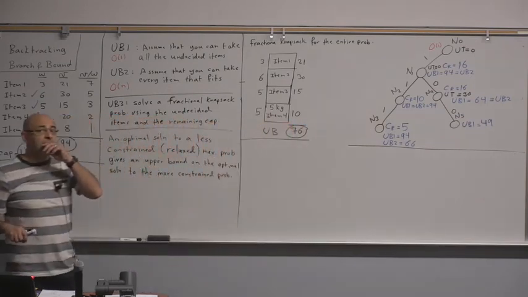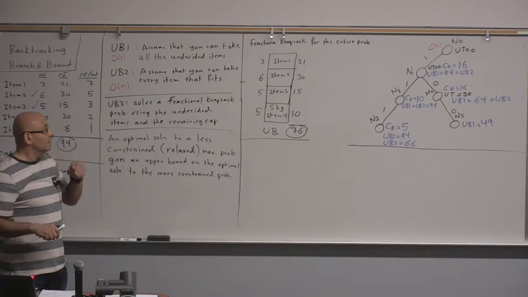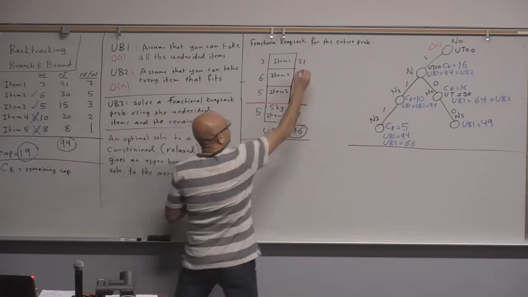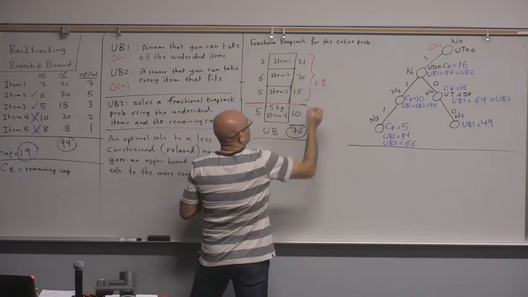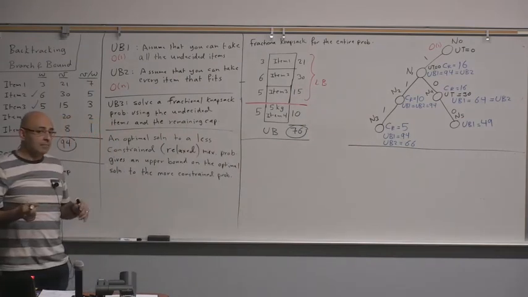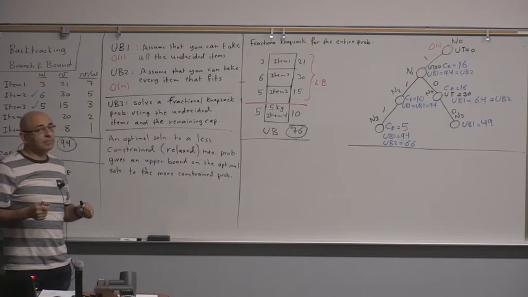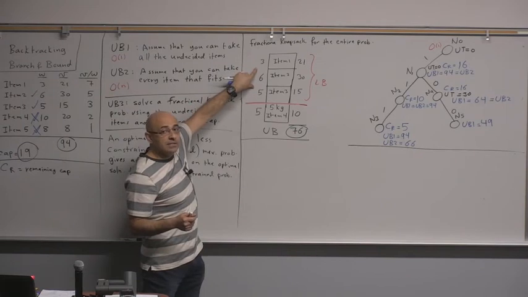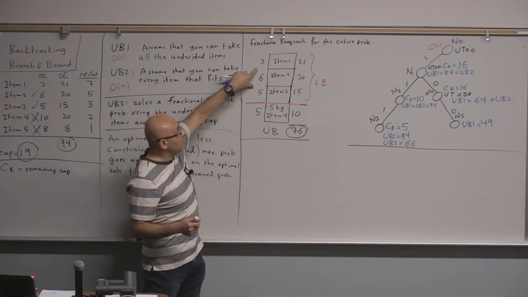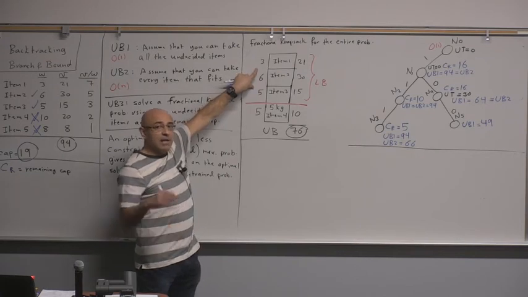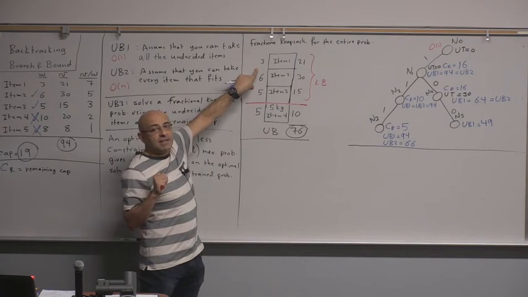Yes? Couldn't you just do the same thing but not take the last value? Exactly. That's the idea. If I just don't take the last value, this is going to give me a lower bound. And why is it a valid lower bound? Because it is taking the entire items. Till that point, all the items were taken in full amount. Because this is a feasible solution that honors the constraints of the 0-1 knapsack problem, and by definition, the optimal solution will have a value that is greater than or equal to the value of any feasible solution.